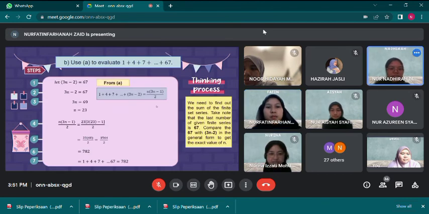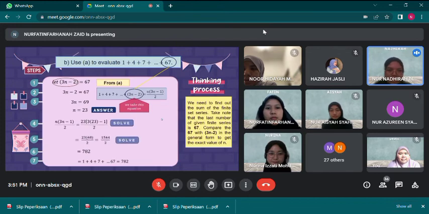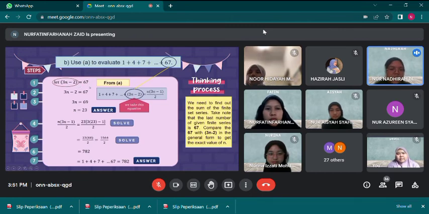For part B, we need to find the sum of the finite series. Take note that the last number of the given finite series is 67. Then compare 67 with 3n minus 2 in order to get the exact value of n, and we get n equal to 23.